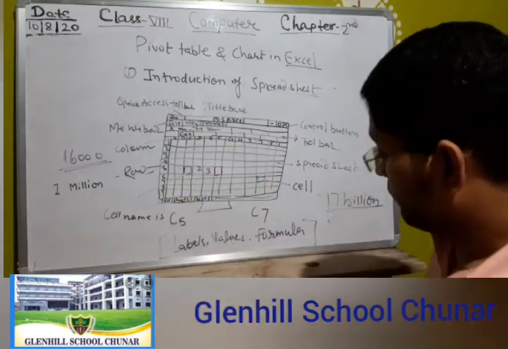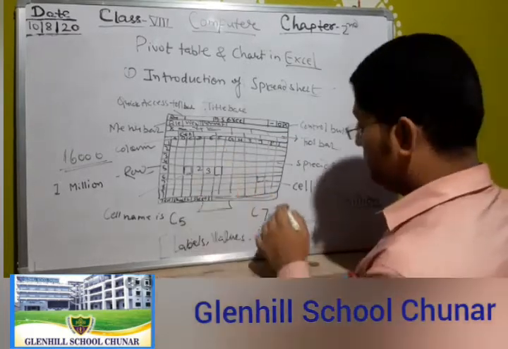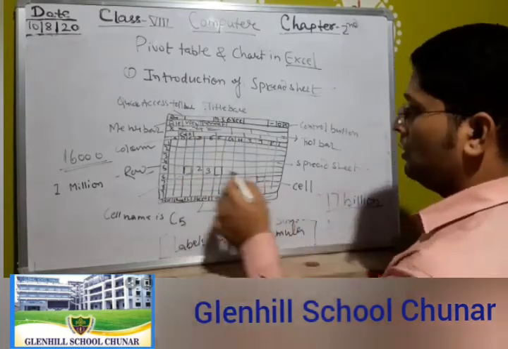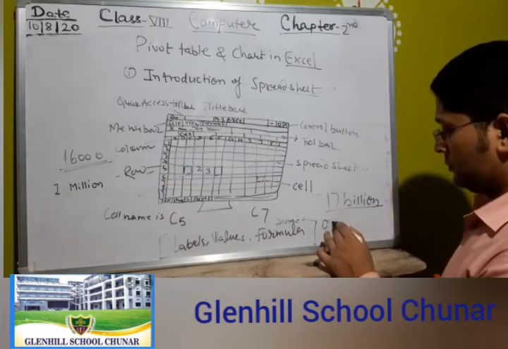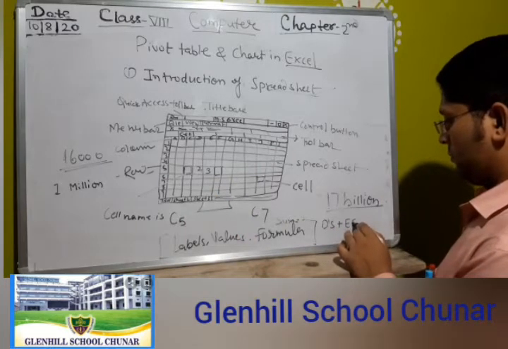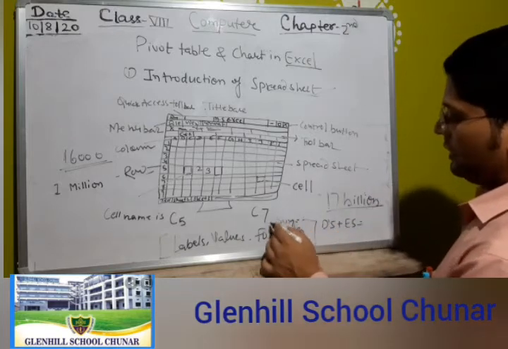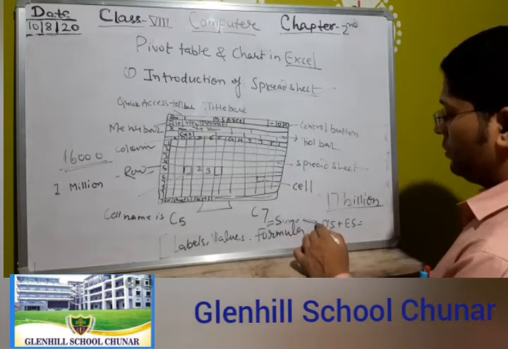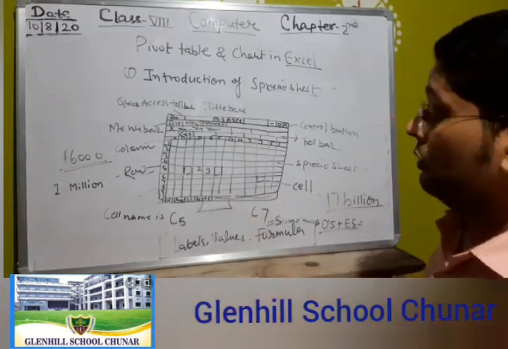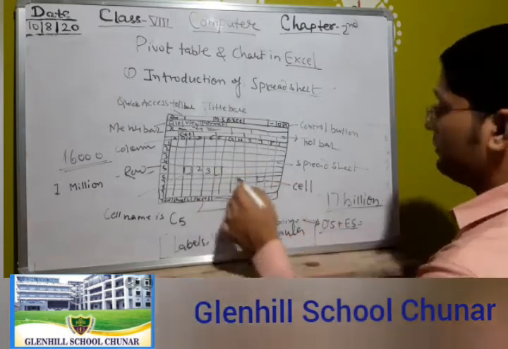You apply the formula in this cell: equals sum, D5 plus E5, then press enter and you will get 5 in this cell.